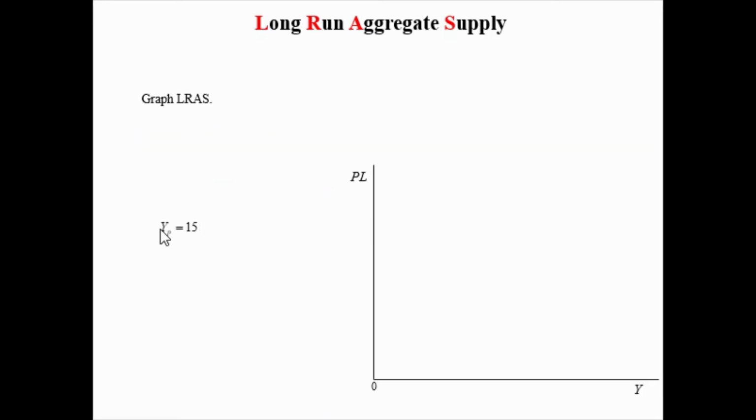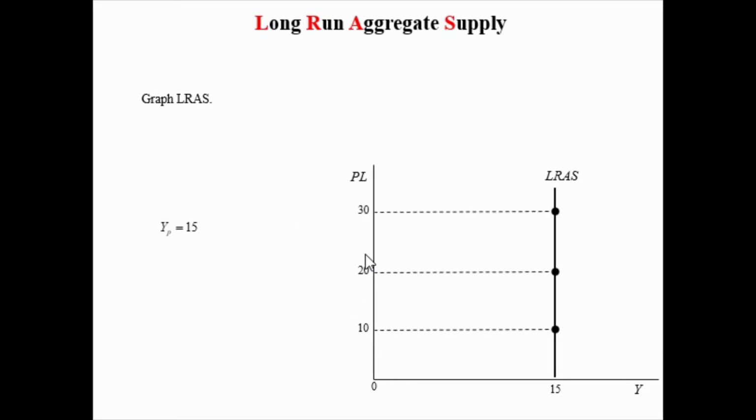So potential GDP is fixed in the short run at $15 trillion, and that's true if the price level is 10%, 20%, or 30%. So the long-run aggregate supply is a straight up and down line at the value of what GDP should be if all resources are fully utilized.